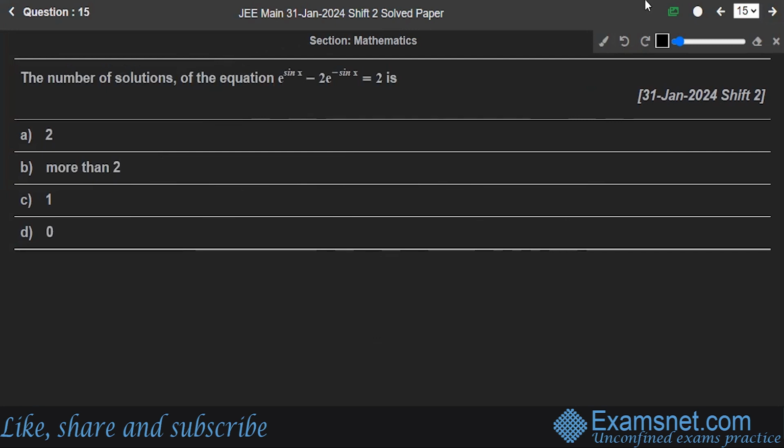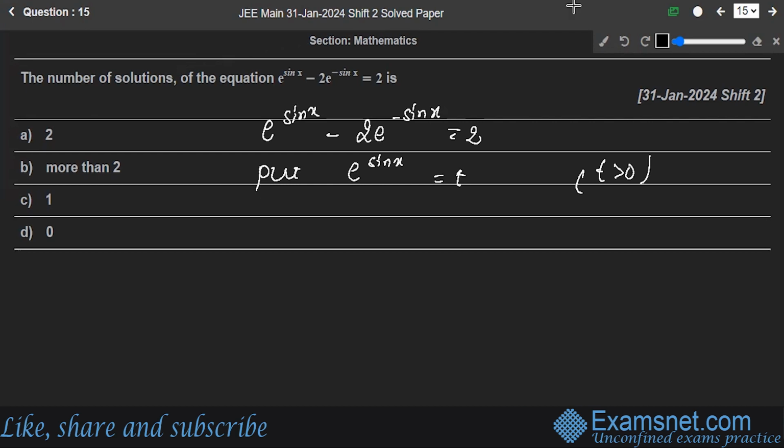It says: the number of solutions of the equation e raised to power sin x minus 2 e raised to power minus sin x is equal to 2 is. So let's write down the equation: e power sin x minus 2 e power minus sin x is equal to 2. Let's put e power sin x equal to t, provided t is greater than 0.